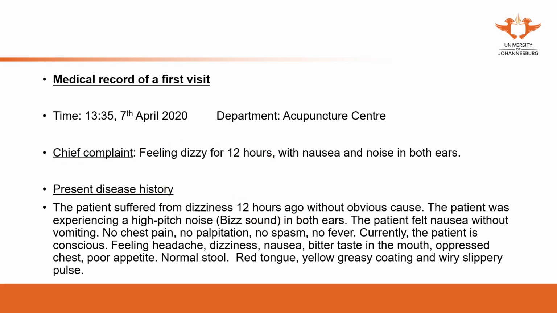From the present disease history, after you describe everything, we will describe the appetite, the stool, and sometimes the sleeping as well. The last ones are the tongue, the coating, and the pulse.